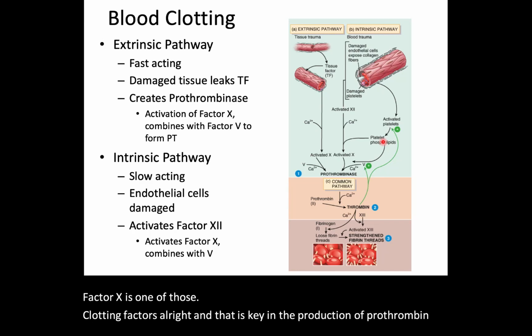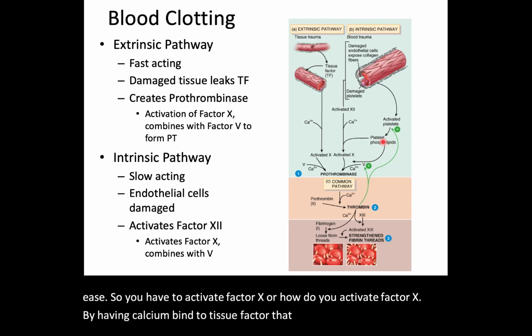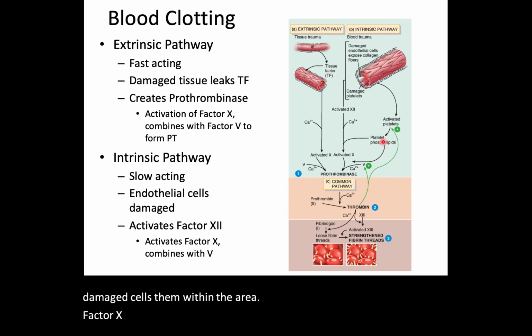All right, and that is key in the production of prothrombinase. So you have to activate factor X. Well, how do you activate factor X? By having calcium bind to tissue factor that has been released from the damaged cells within the area. Factor X will go ahead and join with factor 5.